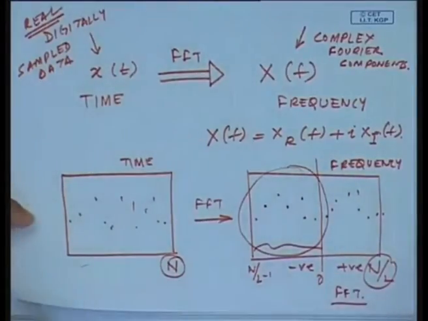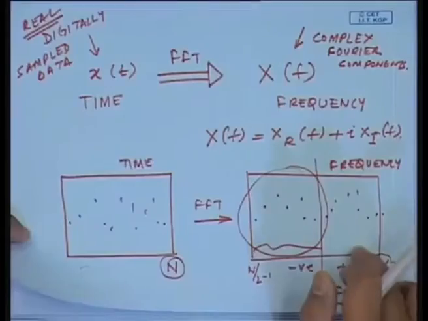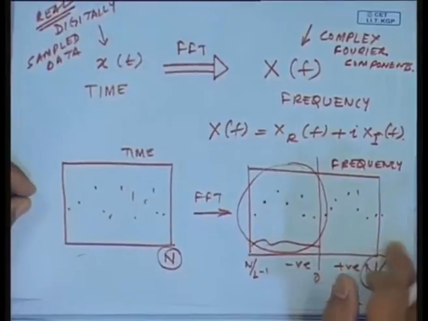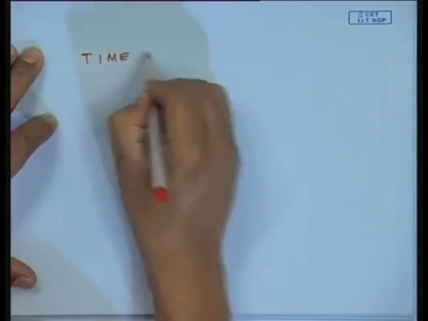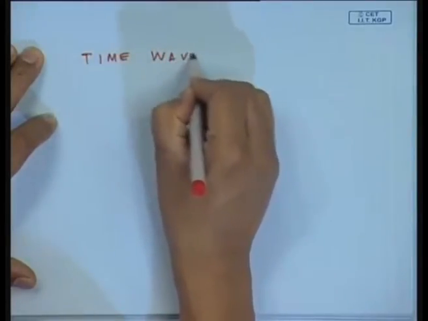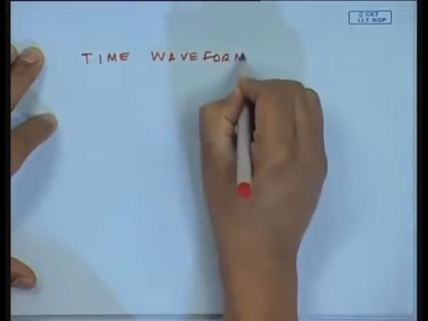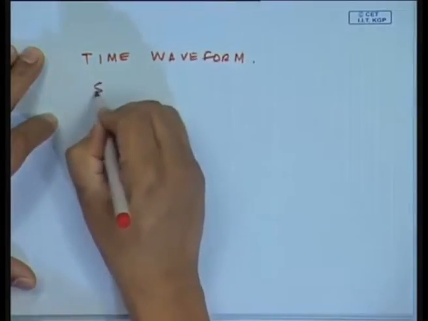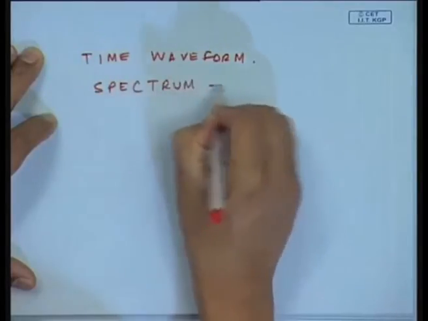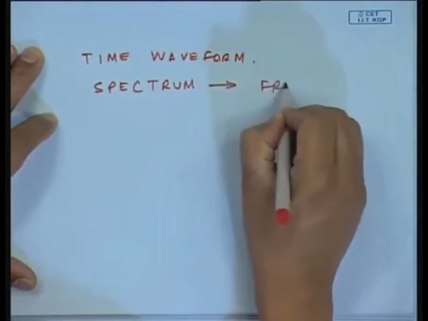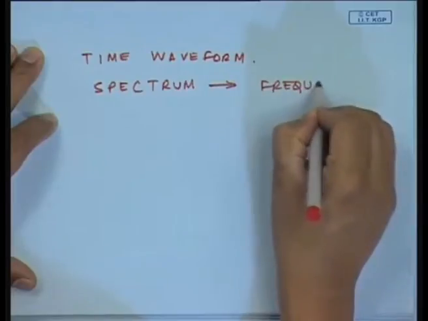Now, how do we relate the sampling frequency to the maximum frequency contained in the signal and to the spectrum which we get in the frequency domain? Just like we have a time waveform, we call anything a spectrum where the x axis is frequency.